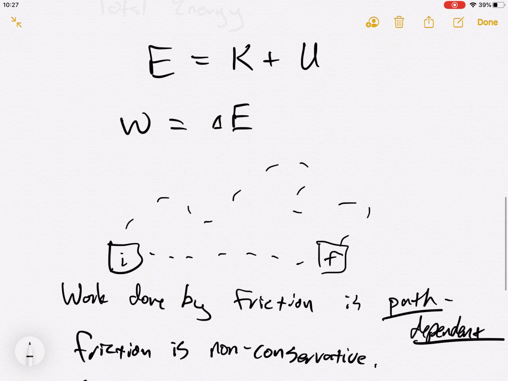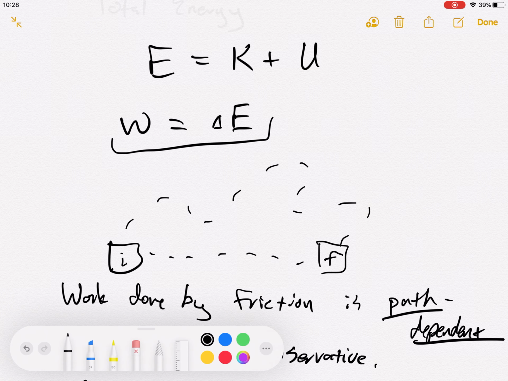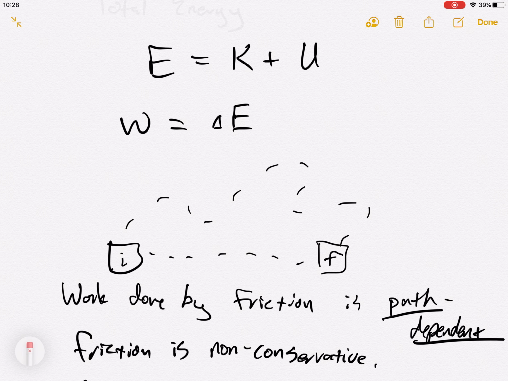So this work energy theorem up here, all of the potentials that I include, let me back up and say, I can define a potential for any conservative force. We'll see springs in a little bit. Springs also are conservative force, so I can define a potential for that.